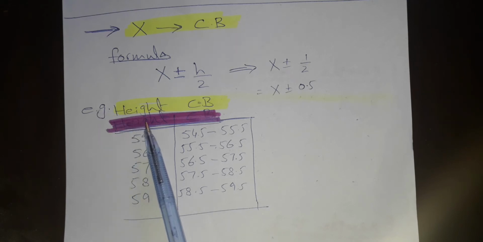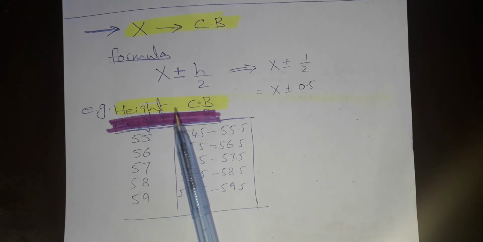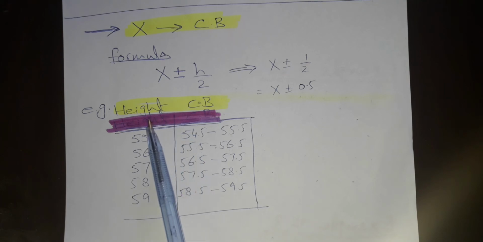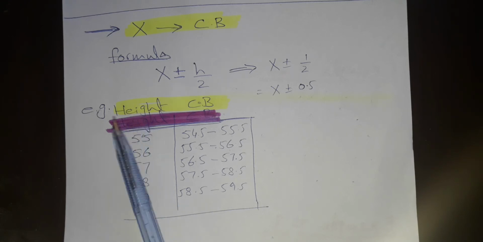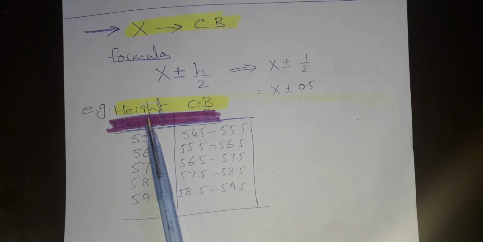Continuous means a variable which moves from one point to another and takes all the points between them, like height. Height goes up by taking each and every point instead of by jumping up. Height, temperature, weight, time, all of these are examples of continuous variables.